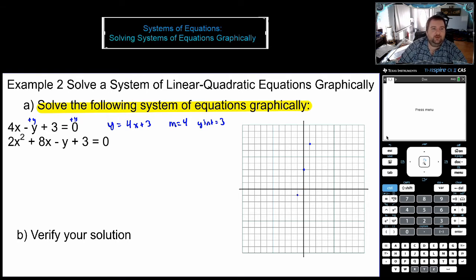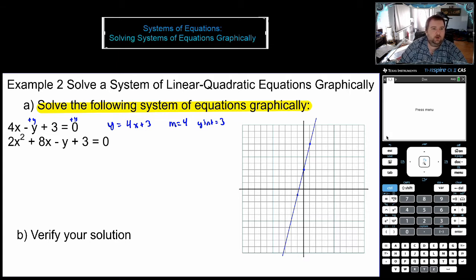And that's enough for me to plot my line. So I'm just going to switch to a line here, change my color to blue, and get some arrowheads. And we should be able to plot a nice line there. There we go, going through our points. So there is our first equation.